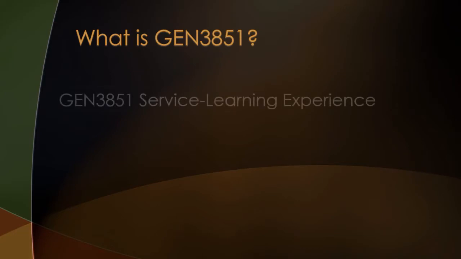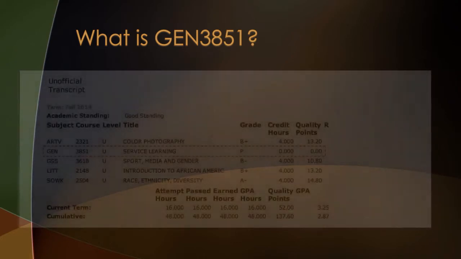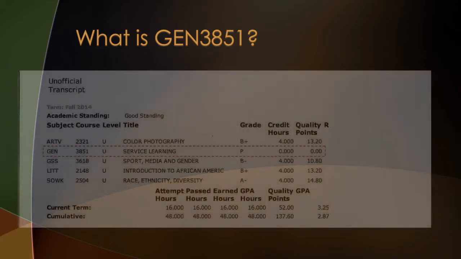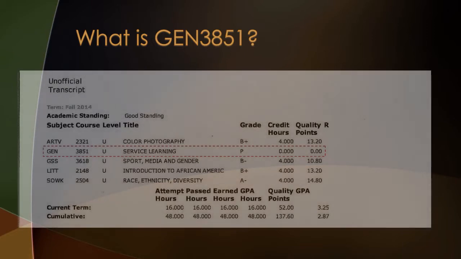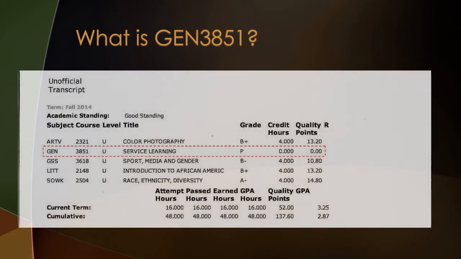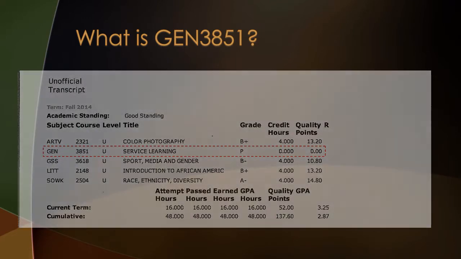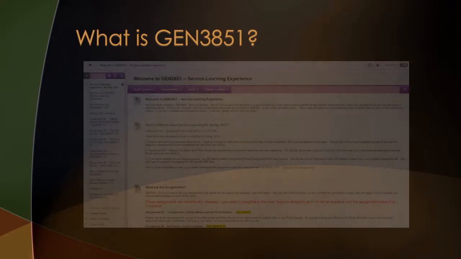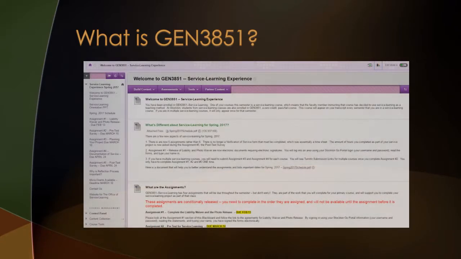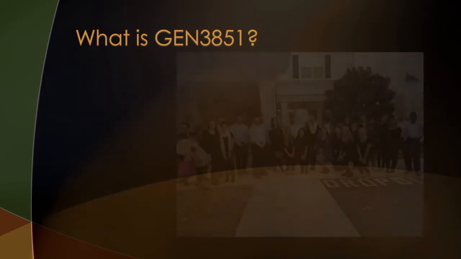At Stockton University, when you are enrolled in a service learning course, you are co-enrolled in an online course called Gen 3851 Service Learning Experience. This course will appear on your transcript at the end of the semester, alongside the course that had the primary service learning methodology. Because this doesn't become visible on your transcript until the end of the semester, all service learning students are enrolled first in the Blackboard course.